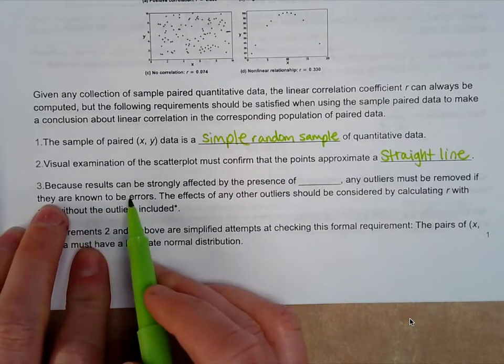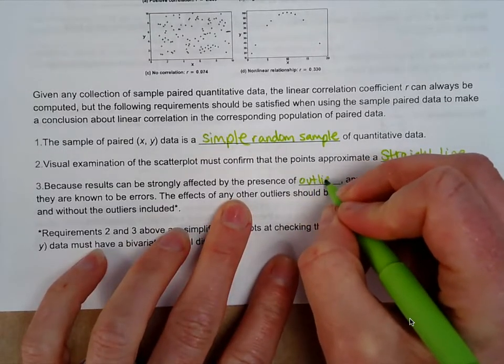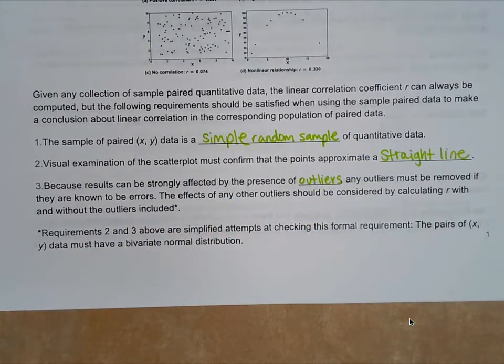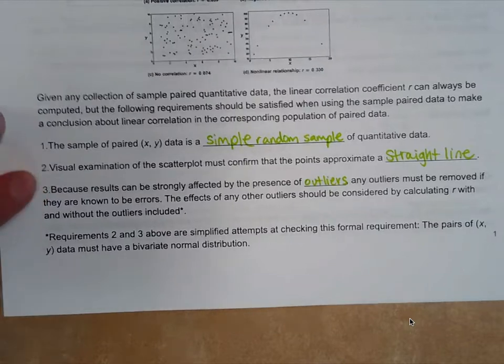Because the results can be strongly affected by the presence of outliers, any outliers must be removed if they are known to be errors. And we can use the calculator to check the 2 and 3 actually.